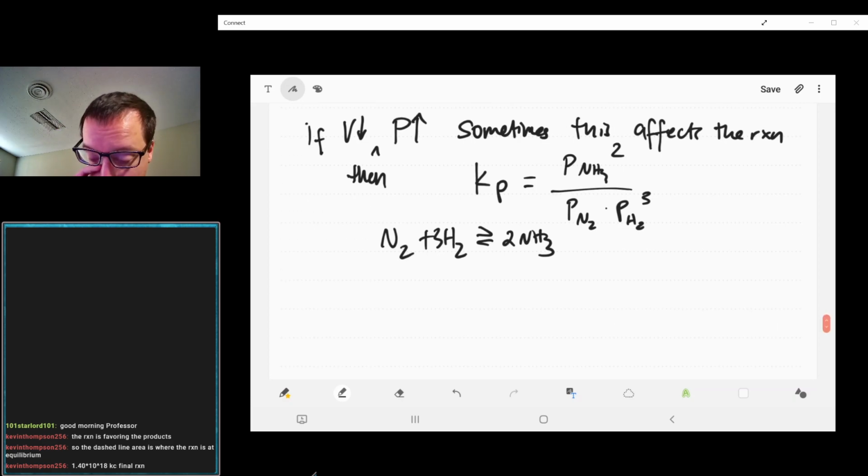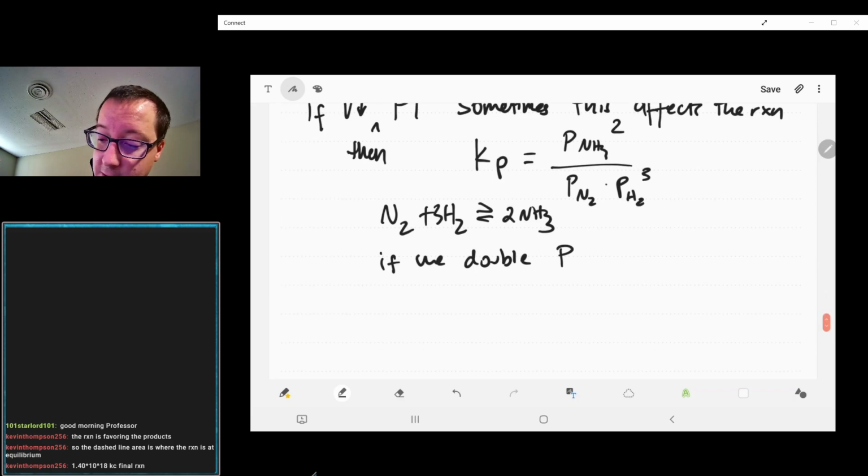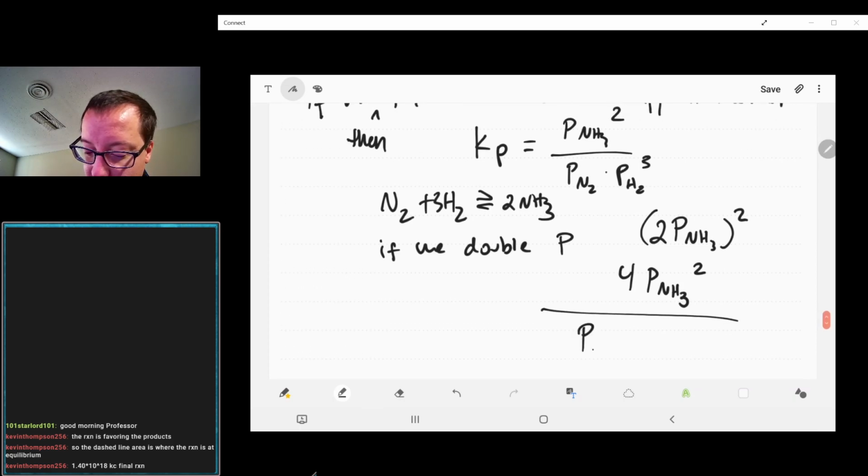Let's say if we double the pressure, we have to take into consideration these exponents. So that means we have 2 times the partial pressure for ammonia. And so if we square that, that now becomes 4 times our pressure squared. And if we just follow through with the rest of it, we're going to have 9 times... Wait, what are we doubling? So it's actually 8.